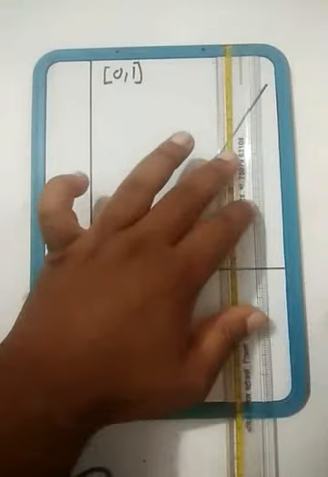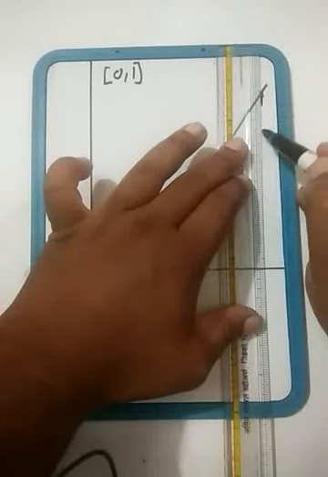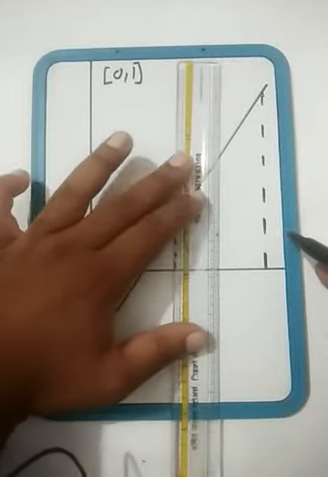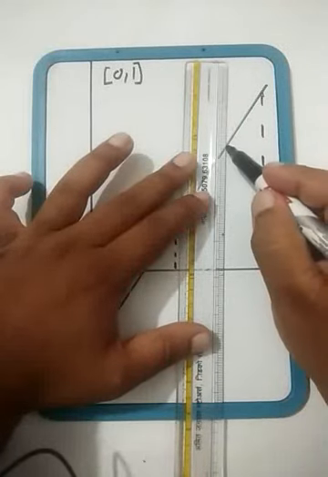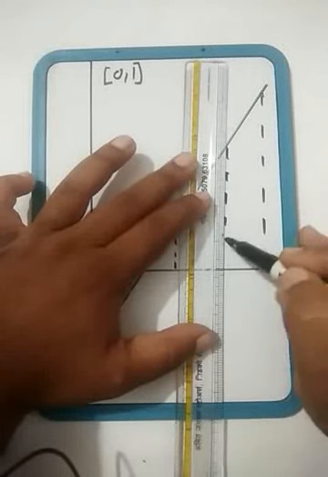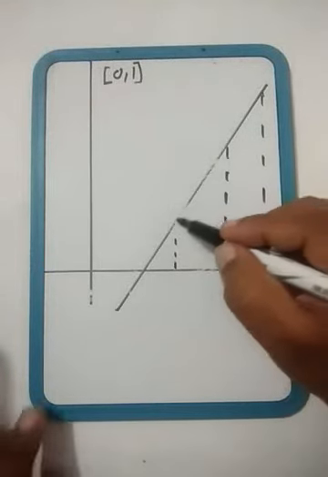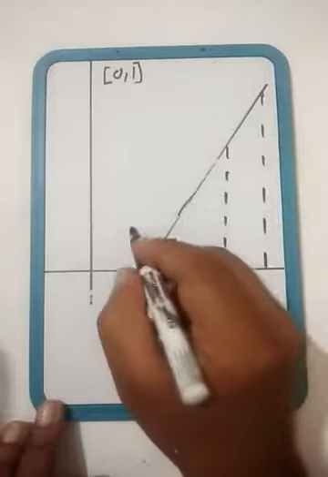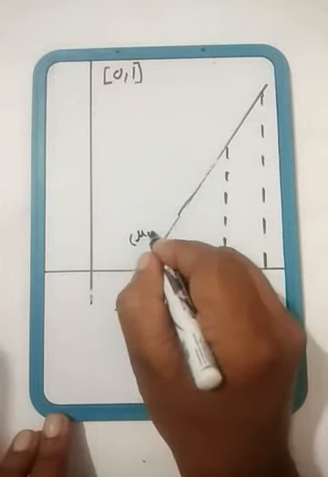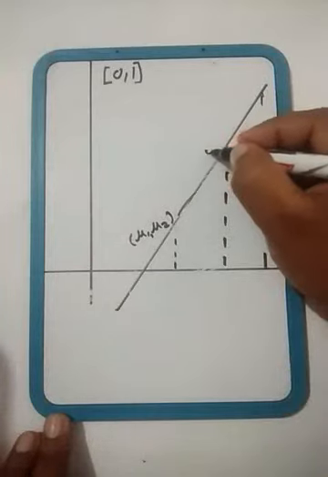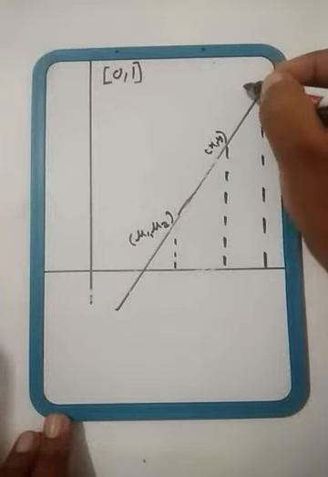And suppose let's take another point over here on this line. This point is u1 comma u2, and this is x comma y.